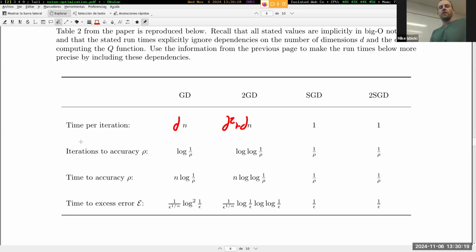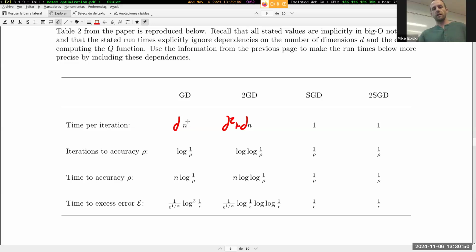The number of iterations does not depend on the dimensionality at all, or on the N value at all. So this second line right here is totally independent of both D and N. The time to accuracy rho is just multiplying these quantities together. With what Leon wrote, he has N log 1 over rho for the time to accuracy rho of gradient descent.